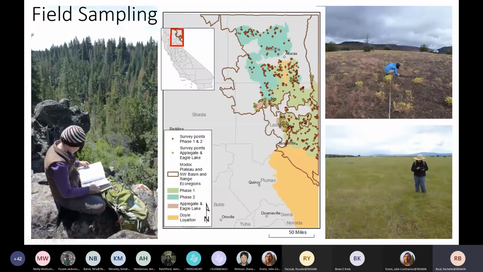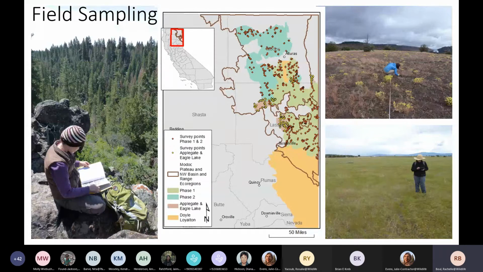So the goal for data collection is always to collect data evenly distributed across the study area and within all possible vegetation types. So here's the distribution of the survey points collected within the project boundaries.